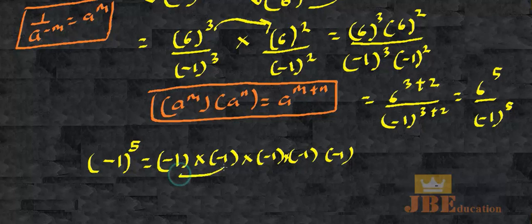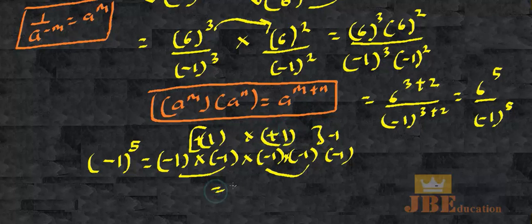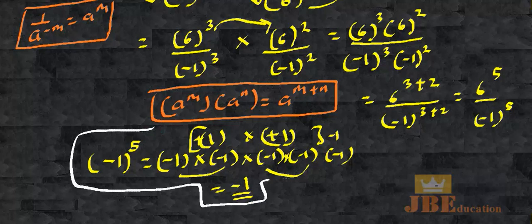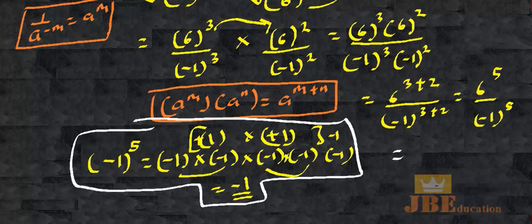So negative 1 times negative 1 would give me a positive 1. Negative 1 times negative 1 would give me a positive 1. Of course, I've got a negative 1 here. So upon multiplying negative 1 with 2 positive ones, the outcome is also going to be a negative 1. Okay, so that's the basics of sign multiplication.